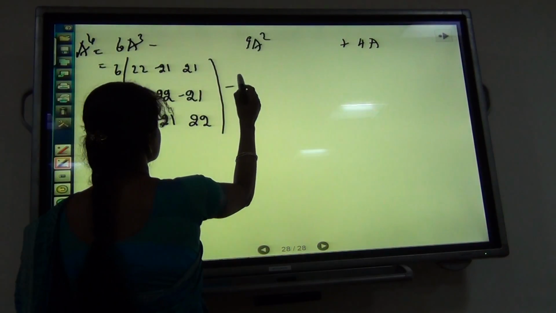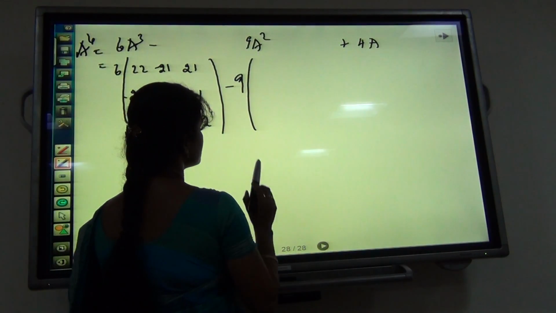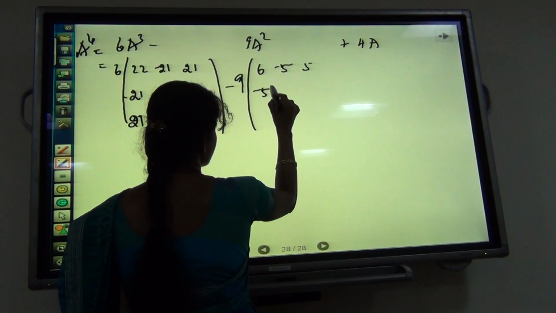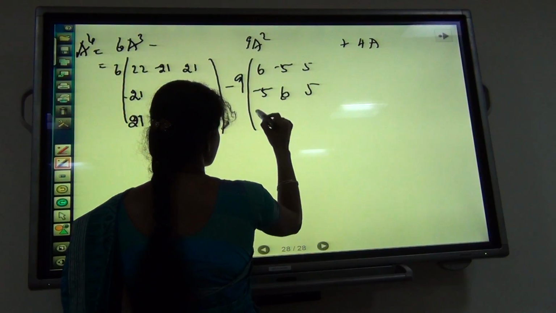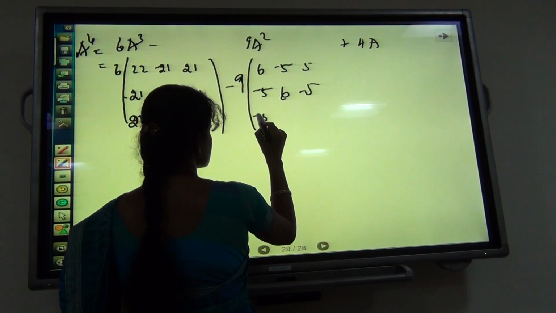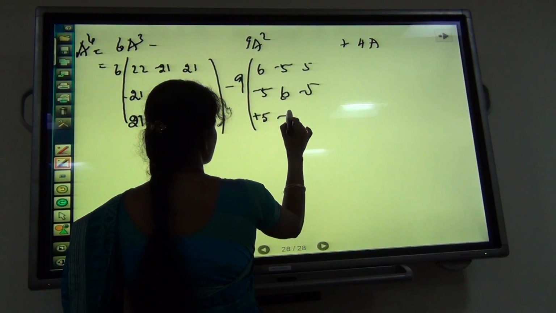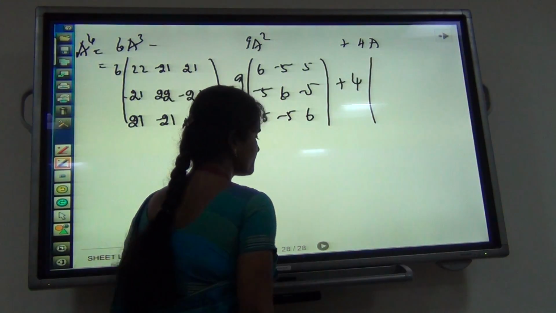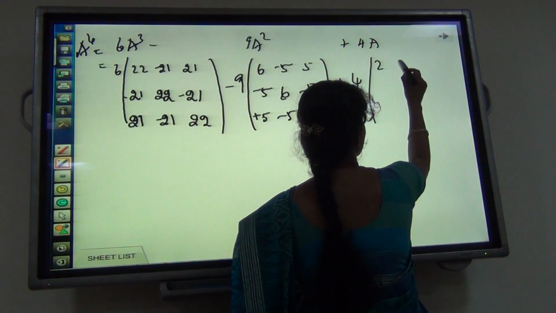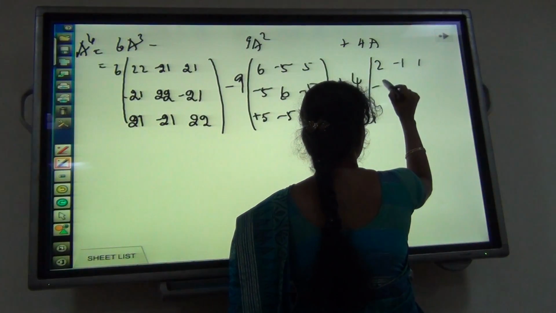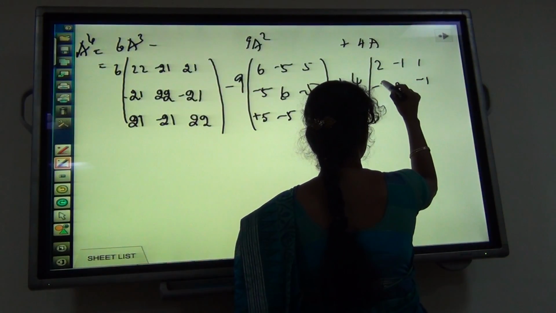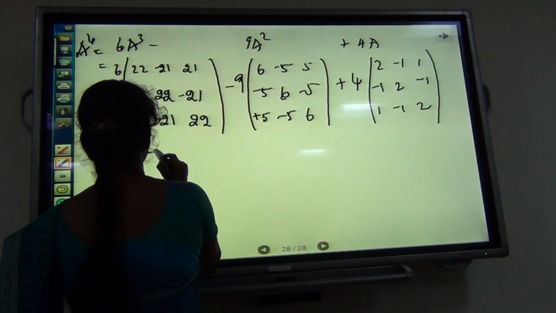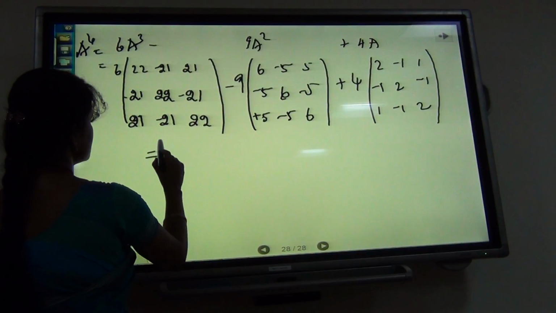Minus 9 times A squared will be 6 minus 5, and plus 4 times A is 2 minus 1. It is equal to, let us simplify this.